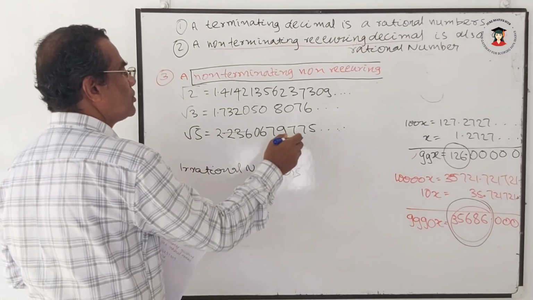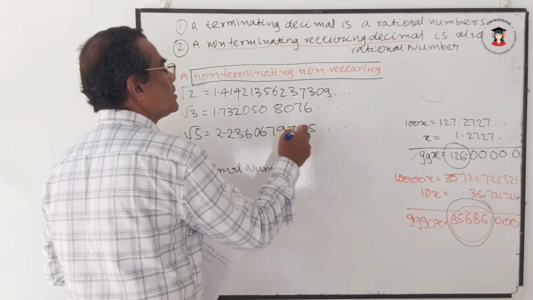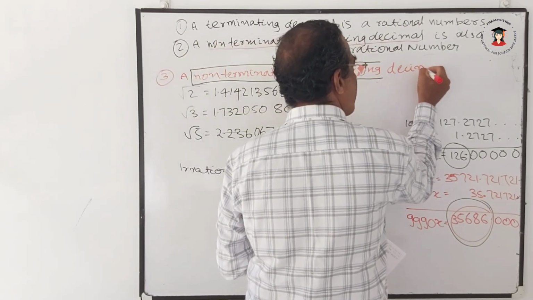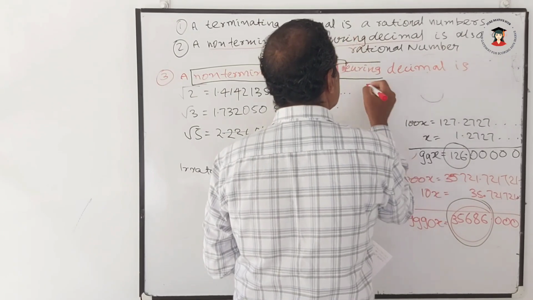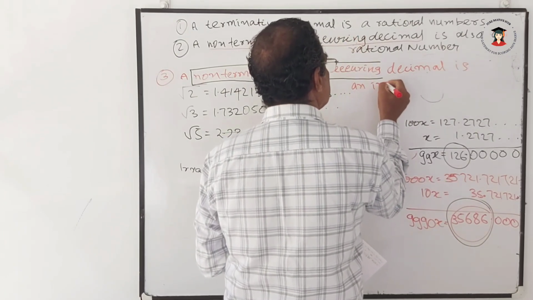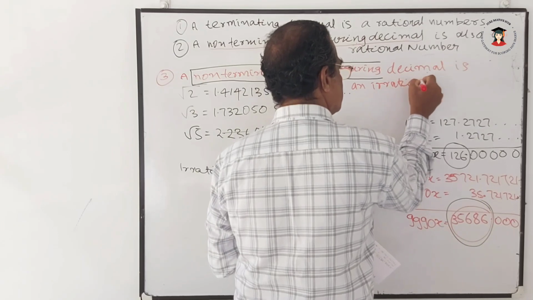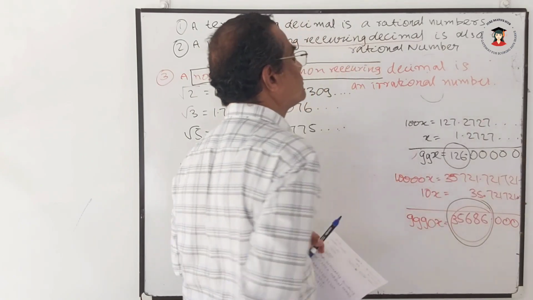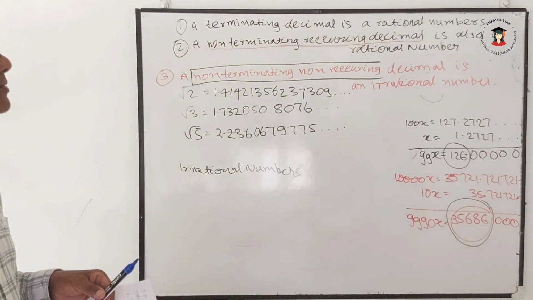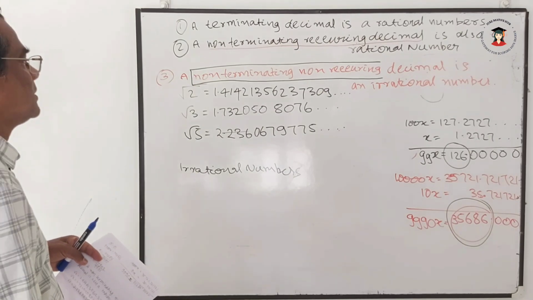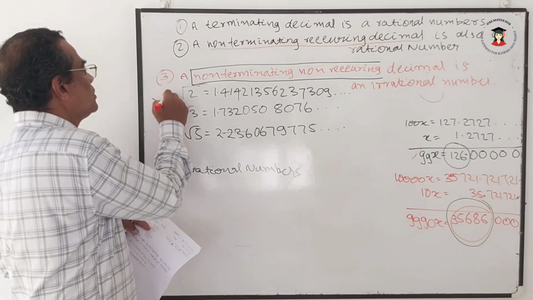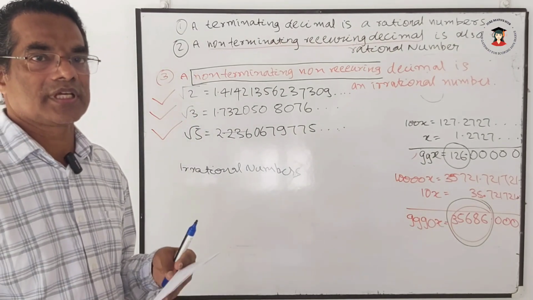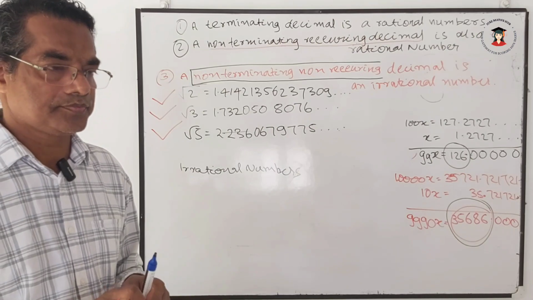So our third conclusion is that a non-terminating, non-recurring decimal is an irrational number. In the next class, we will prove root 2, root 3 and root 5 are irrational numbers. Thank you.